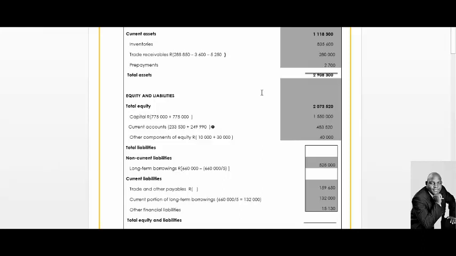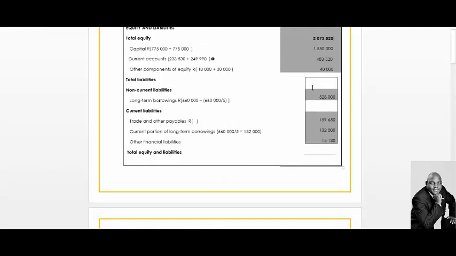Okay, so that's our total equity, and then we need to get total non-current liabilities. Let's get that. It is the easy one. It's 528,000.